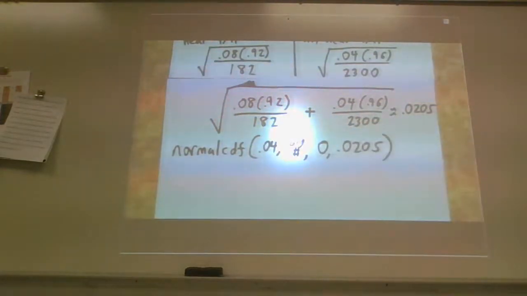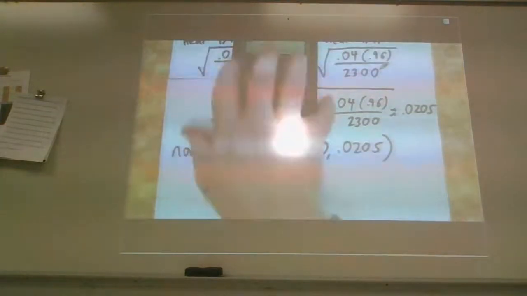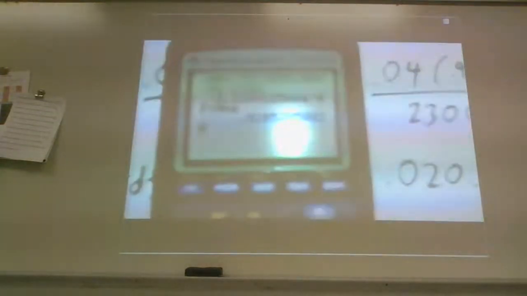A couple things to keep in mind. When we did this problem on Monday, we had to make an adjustment in the 2-prop z-test. I just want to zoom in real quick before we actually do that.